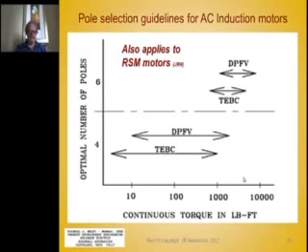This is a picture of a summary chart that was done by a guy that worked for Reliance Electric a number of years ago. Reliance was considering the future of their business, so they did a technical analysis of their existing line of induction machines and how they might apply these for use with inverters.